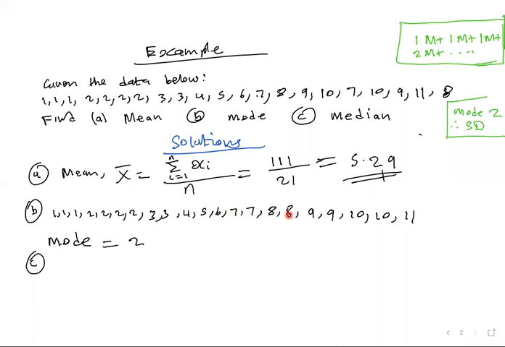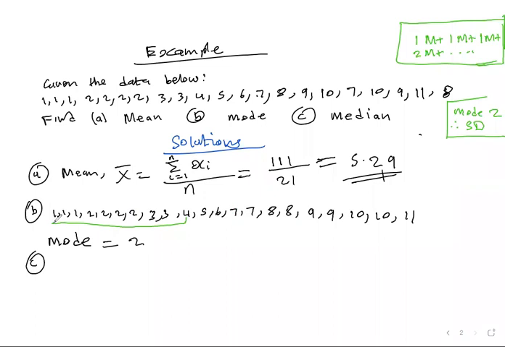So meaning you need to do 10 from the first and 10 from the last. The one in between will be the median. 1, 2, 3, 4, 5, 6, 7, 8, 9, 10. So you have up to this part.